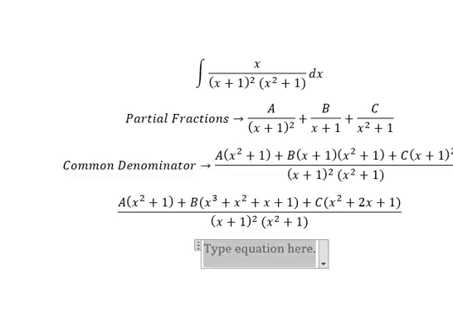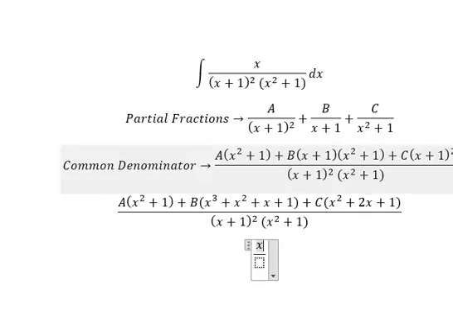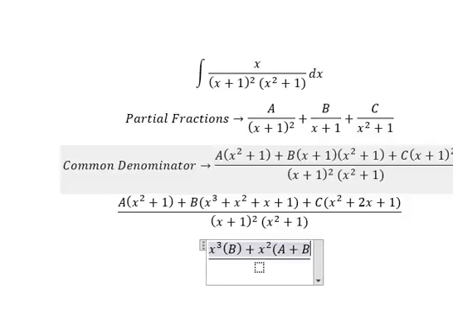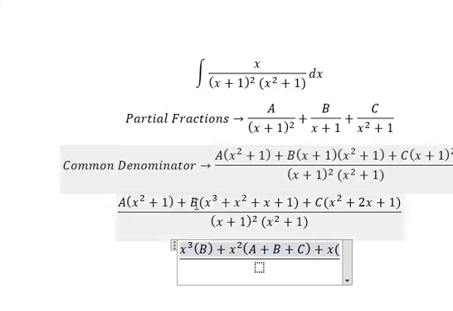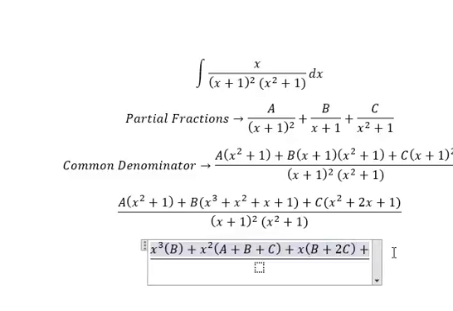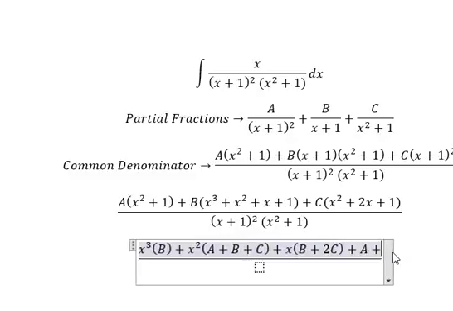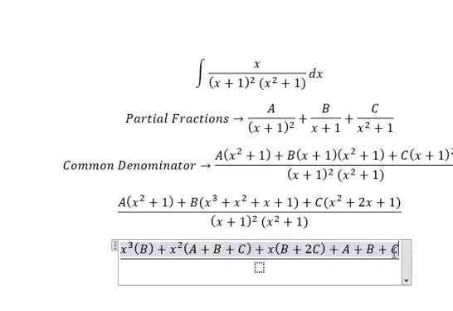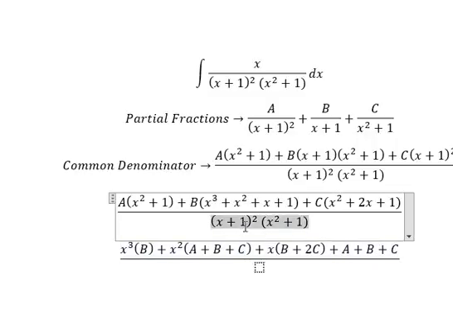About x to the power of 3, we have B. About x squared, we have A plus B plus C. About x, we have B multiplied by x, C multiplied by 2x. So we have B plus 2C. About the number, we have A plus B plus C. And this one, we put this one gone here.